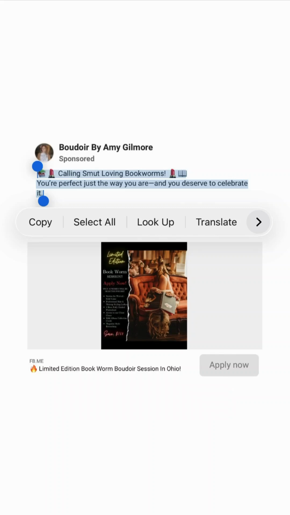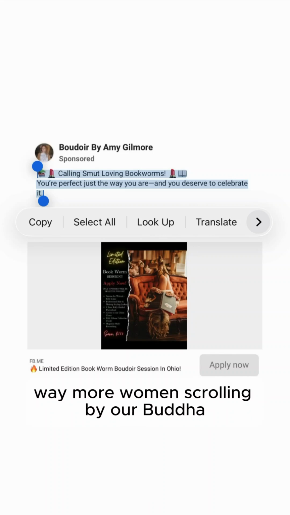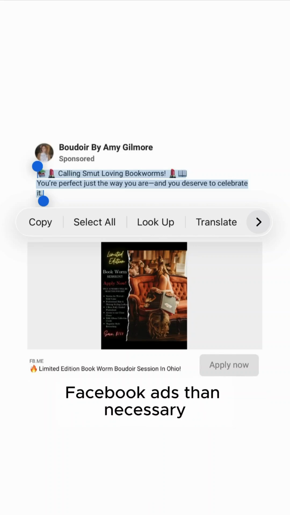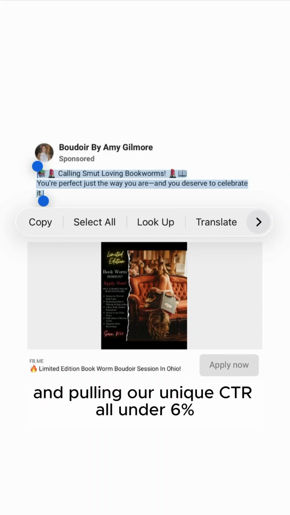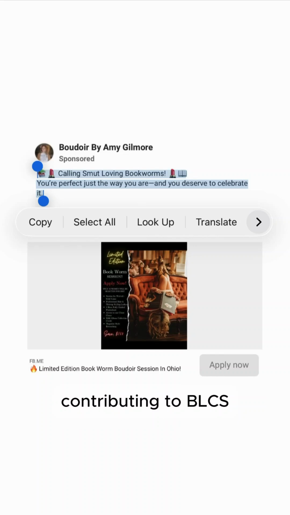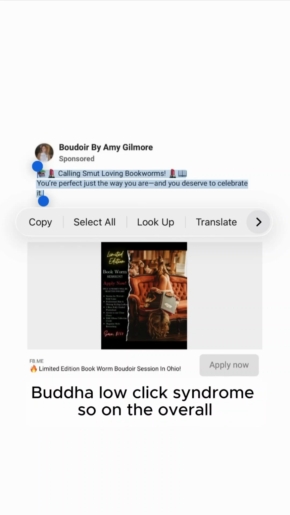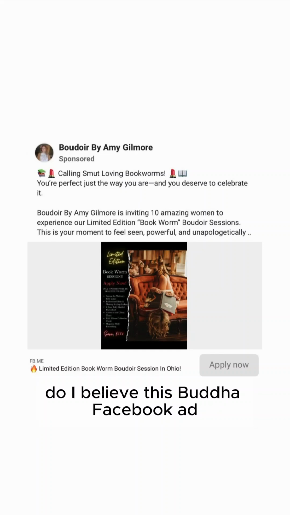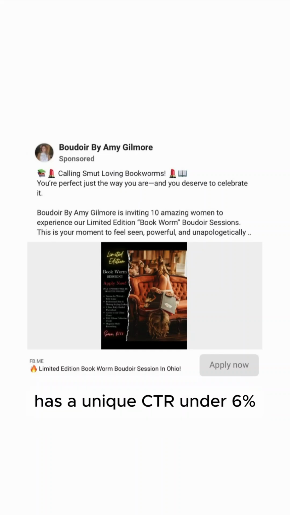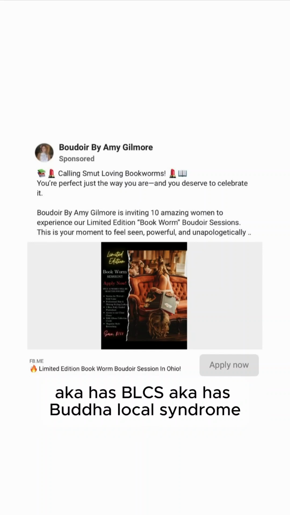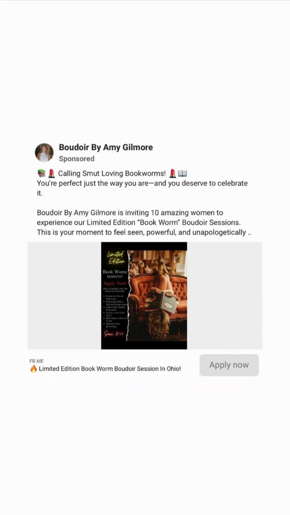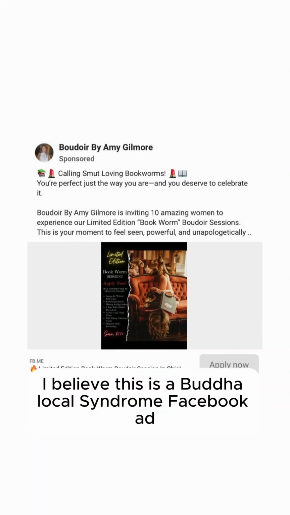So the consequence is way more women scrolling by our Boudoir Facebook ads than necessary, pulling our unique CTR under 6% and contributing to BLCS, Boudoir low click syndrome. So overall, do I believe this Boudoir Facebook ad has a unique CTR under 6%, aka has BLCS, aka has Boudoir low click syndrome? Yes, I believe this is a Boudoir low click syndrome Facebook ad.